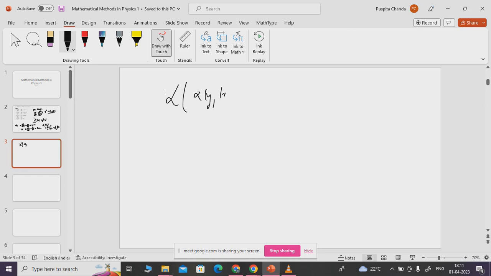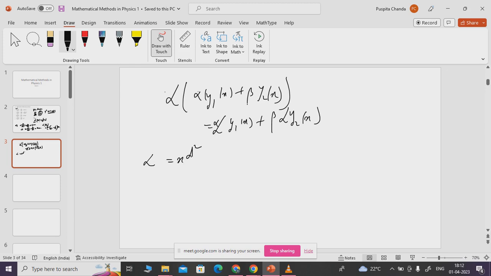For a linear operator, L of alpha y1(x) plus beta y2(x) must be equal to alpha times L y1(x) plus beta times L y2(x). Our operator is L, x d2/dx2 minus d/dx. This is the operator.